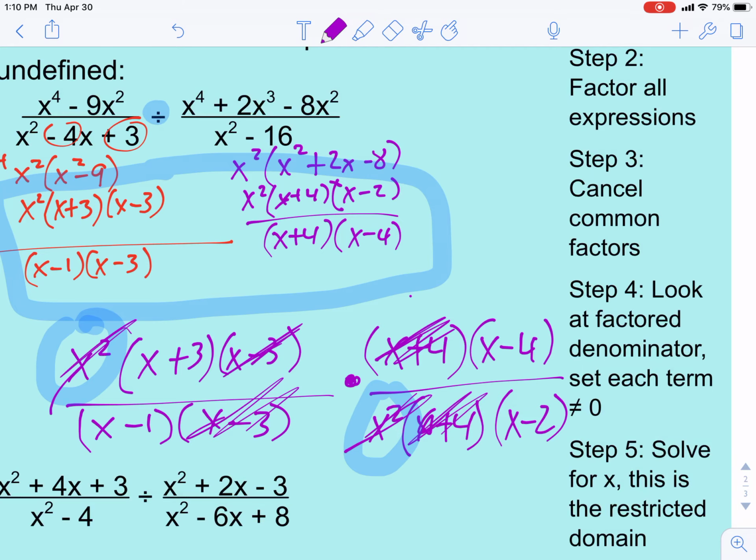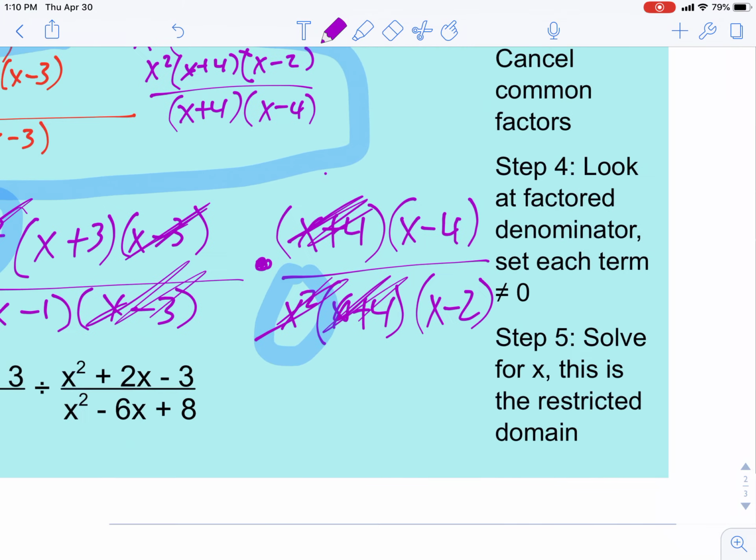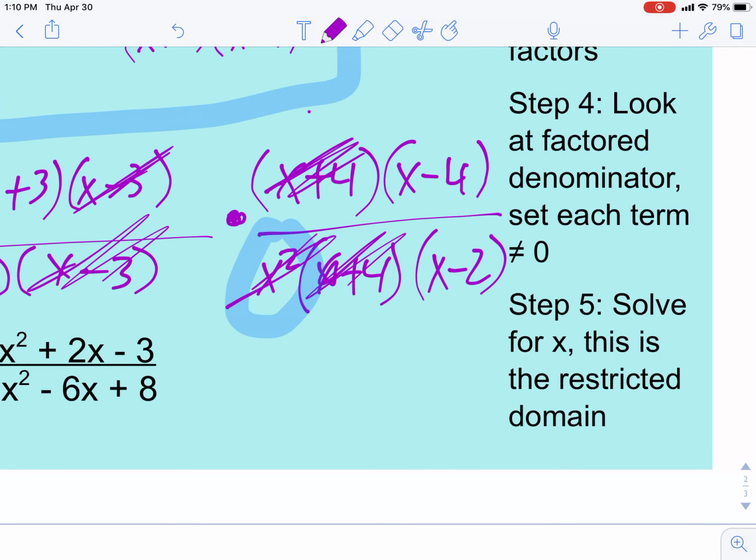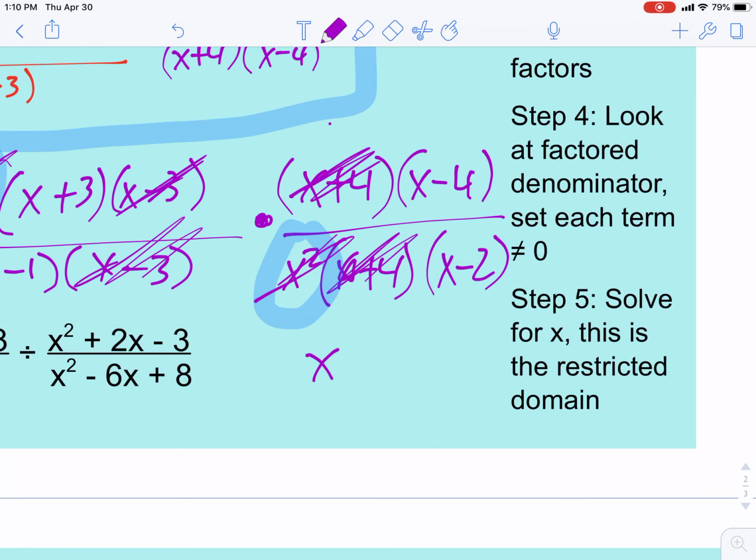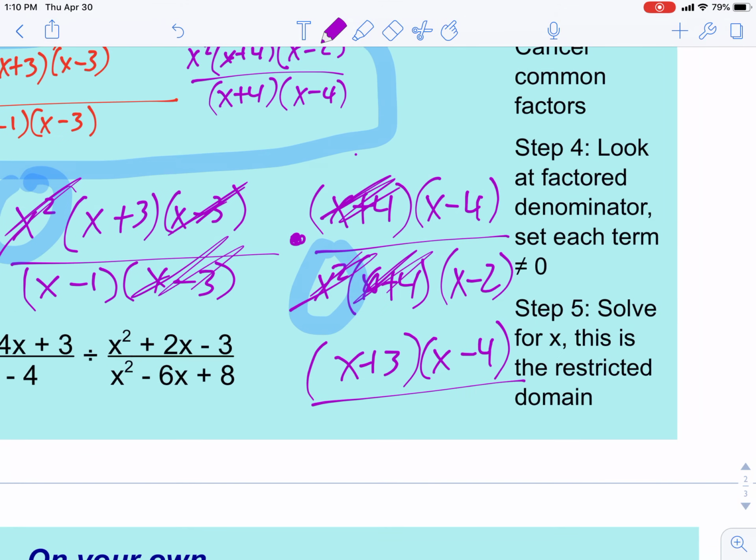So our final answer is going to be, on the top is x plus 3 times x minus 4. And on the bottom, we're going to have x minus 1 times x minus 2. All right? I can't cancel out the x's, can't reduce the 4 and the 2 because it's all or nothing.